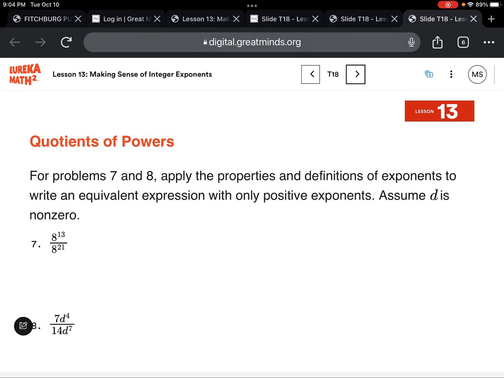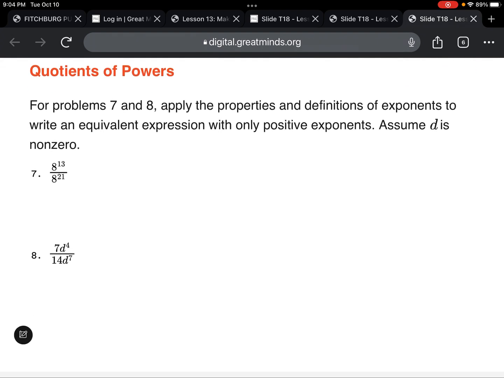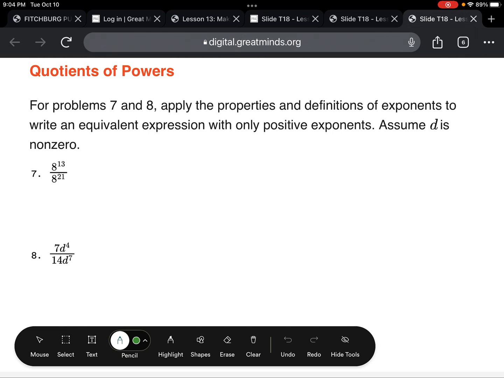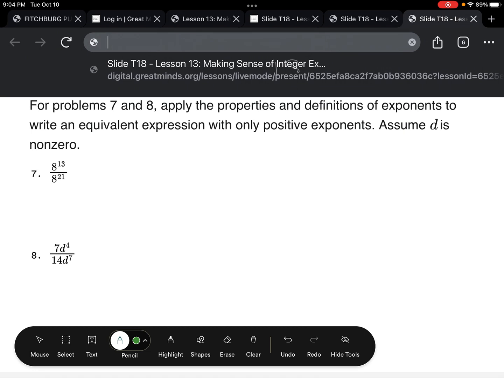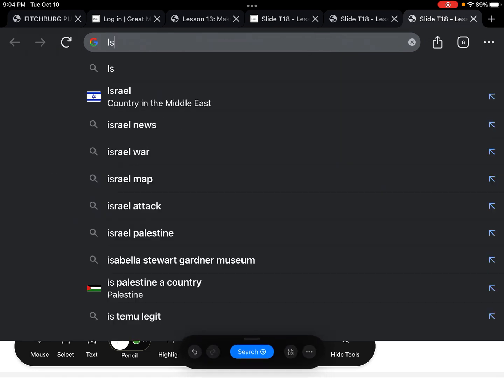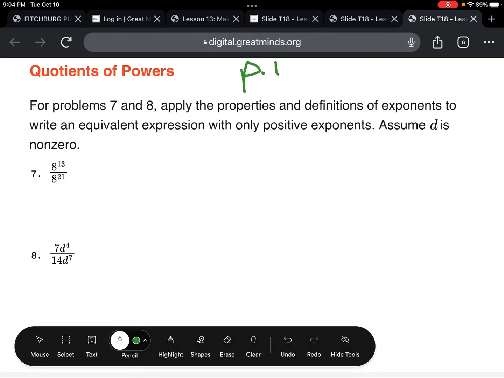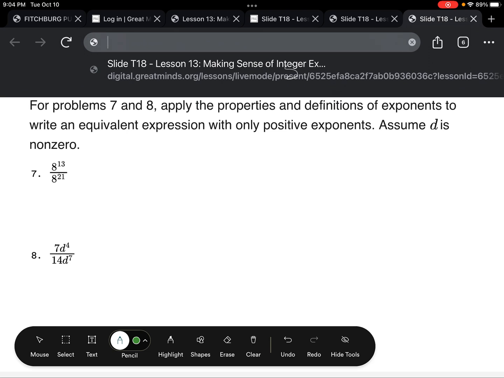And let's take a look at problems 7 and 8, which are on the bottom of page 182. Oh, what did I do? Page 180. Oh, goodness.